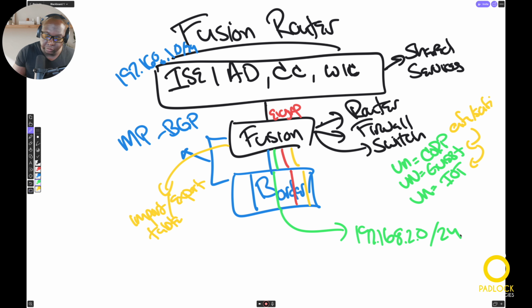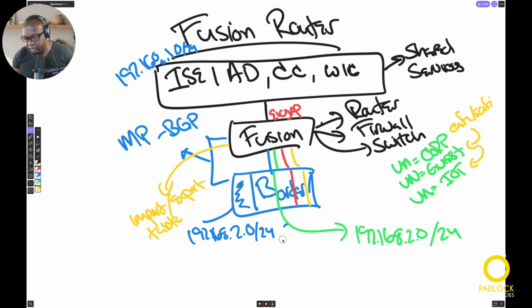When you look at the global routing table in the Fusion, you would see 192.168.2.0/24, and then you would see something that has VRF Corp.